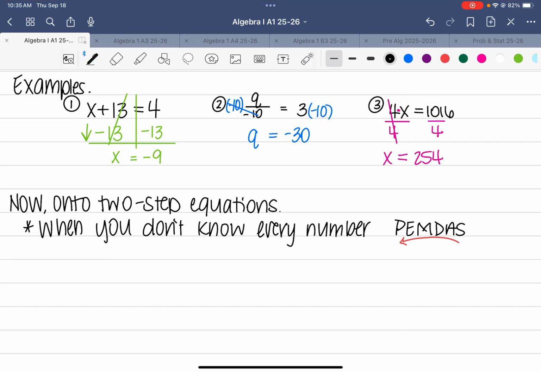Another hint that I give to students, if they don't like that one, is we're going to get rid of the stuff furthest away from the variable.